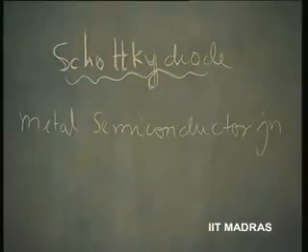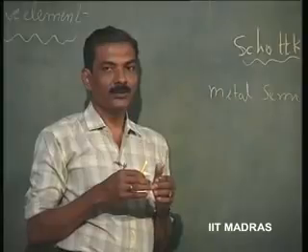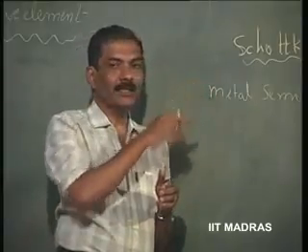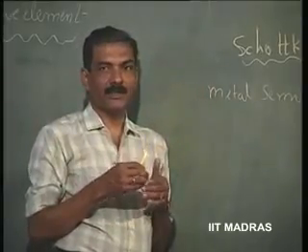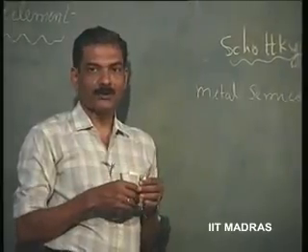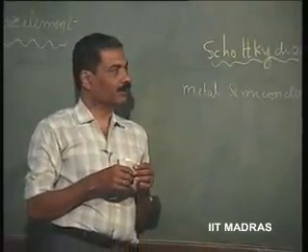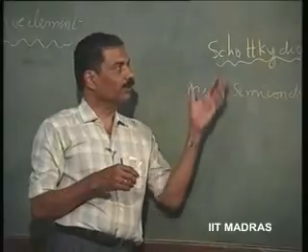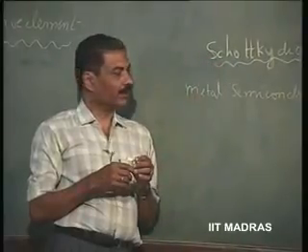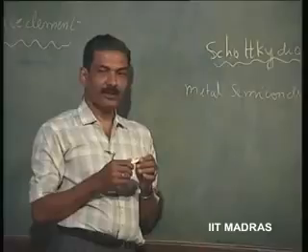In fact, high speed circuits have a Schottky diode connected between collector and base of a transistor to prevent it from going deep into saturation and becoming slow. So, for high speed applications, this Schottky diode is used, which is a metal to semiconductor junction.